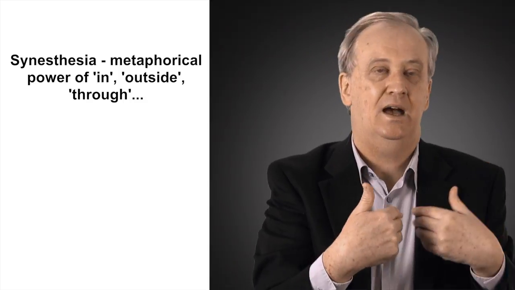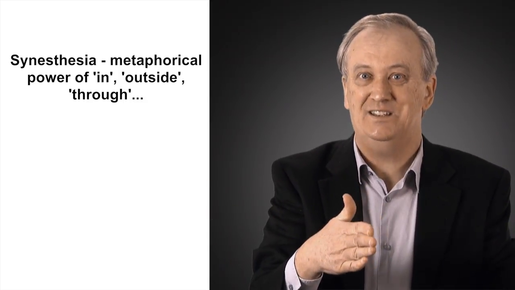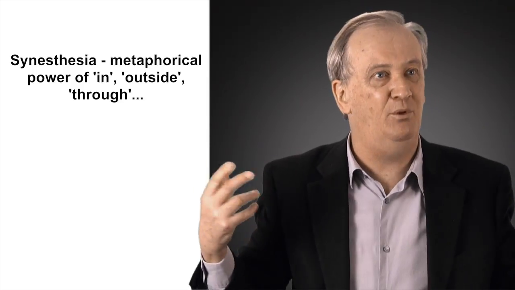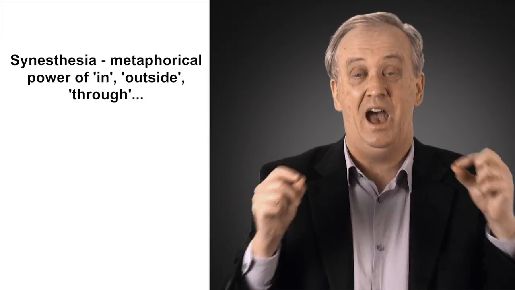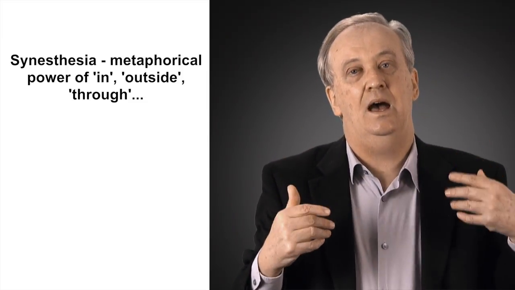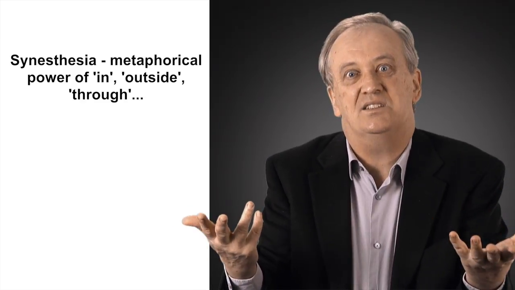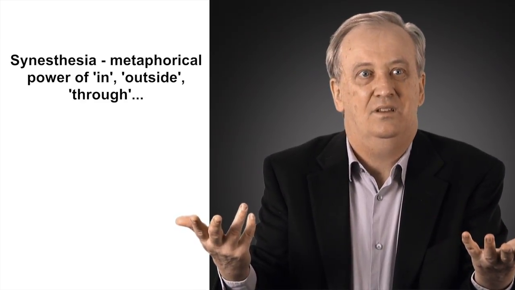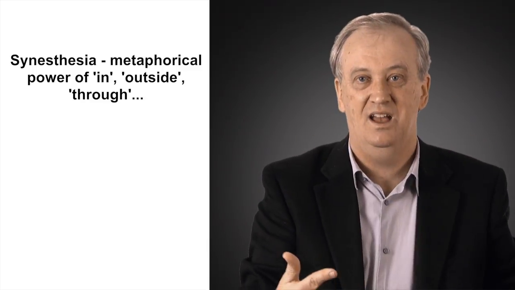So, for example, I could say, look, I'm in trouble. Well, in is in fact a metaphor. It's a spatial metaphor. Trouble then becomes like a space. There's trouble around me, and I am in trouble, right? I feel like an outsider. To be outside means that there are some people who are privileged and who are inside, and I'm outside.